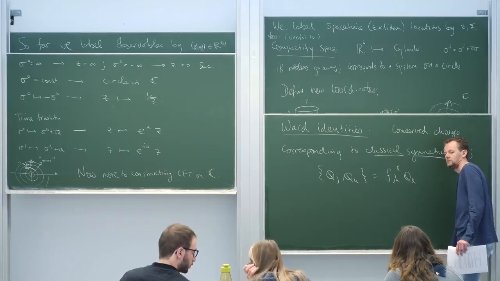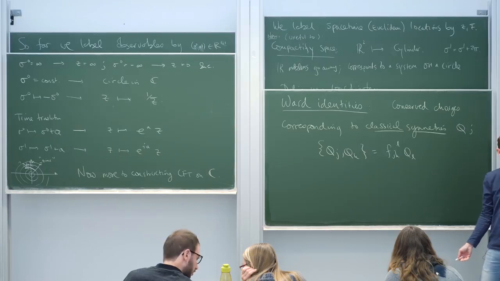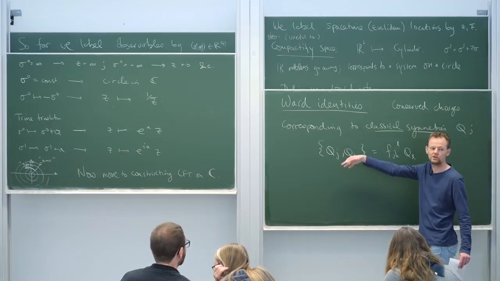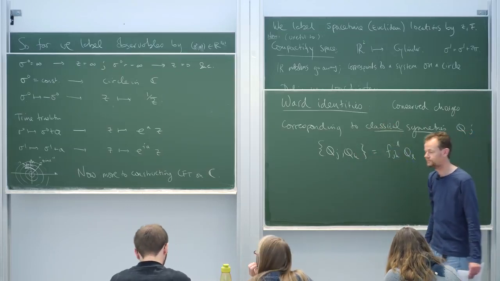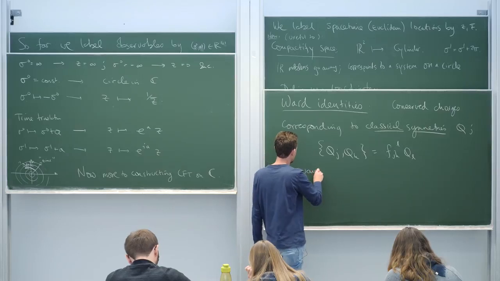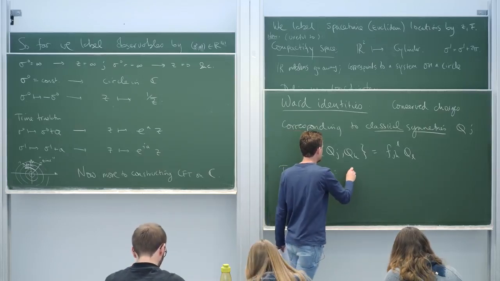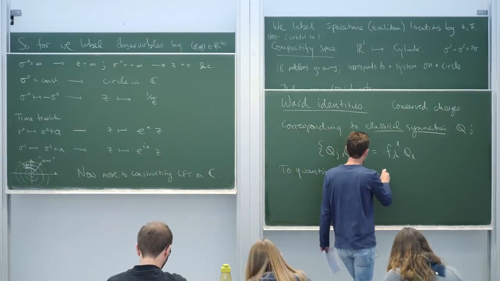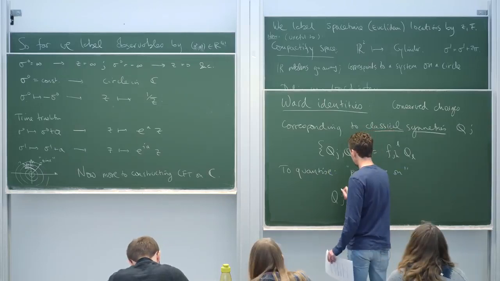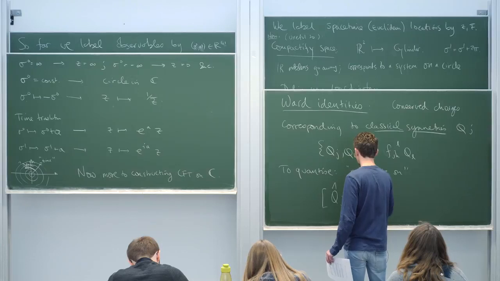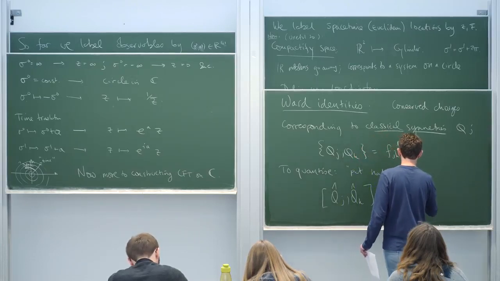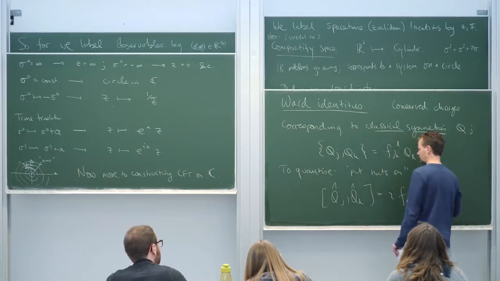And inverse Noether's theorem gives you these charges, and inverse Noether's theorem shows you that these generate all the symmetries. Now, to quantize, you just put the hats on, yeah? Great, that was easy.